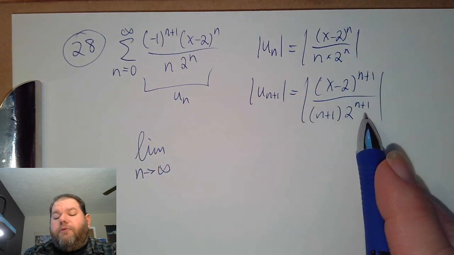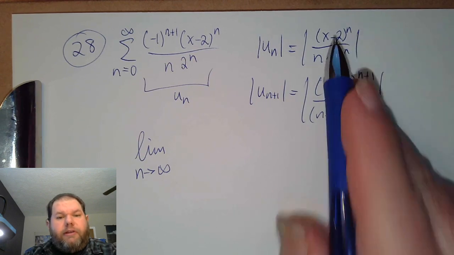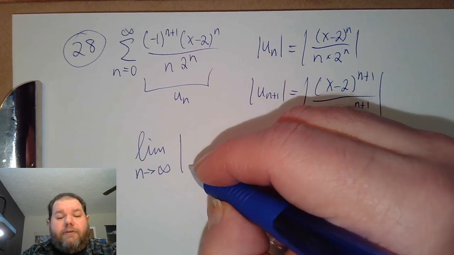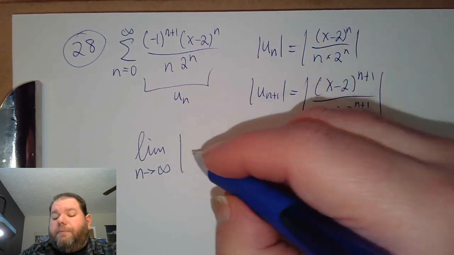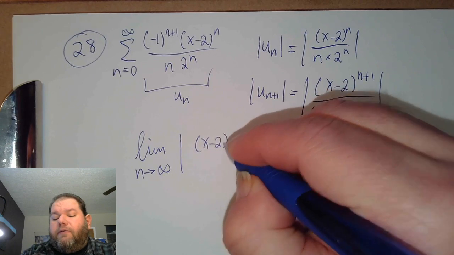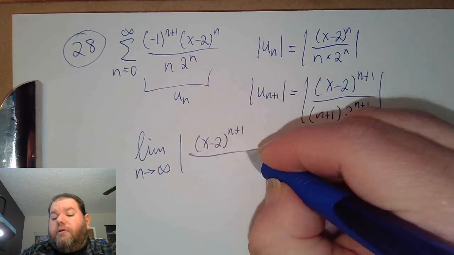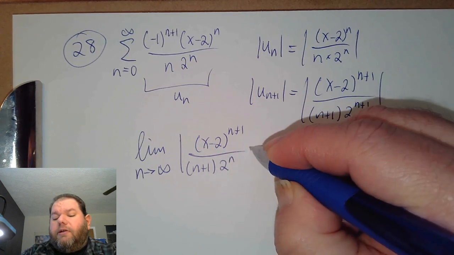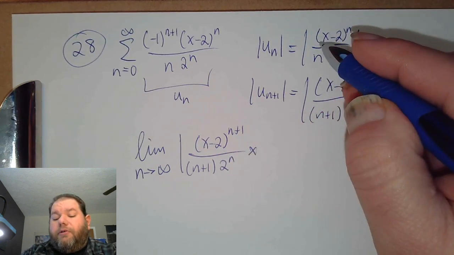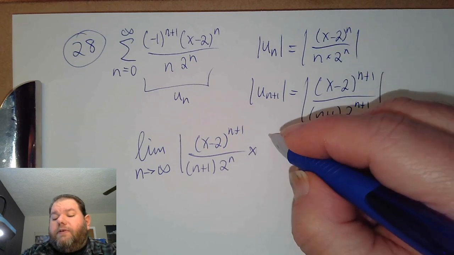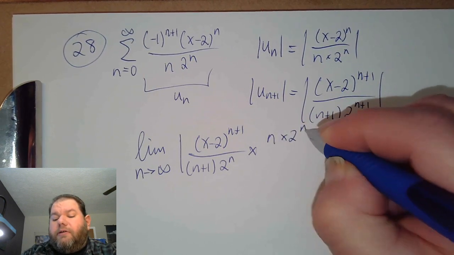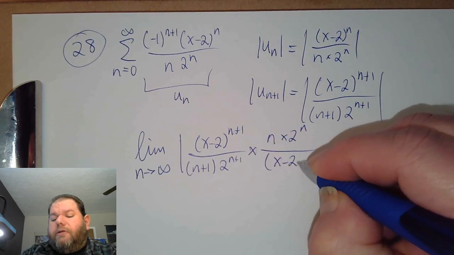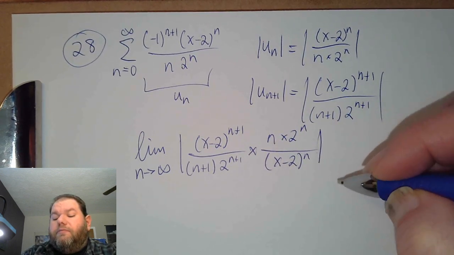We do u sub n plus 1 times the reciprocal of u sub n, like we've been doing with our ratio test, going back to section 6. x minus 2 to the n plus 1 over n plus 1 times 2 to the n plus 1, times the reciprocal of u sub n, which is n times 2 to the n over x minus 2 to the n, less than 1.